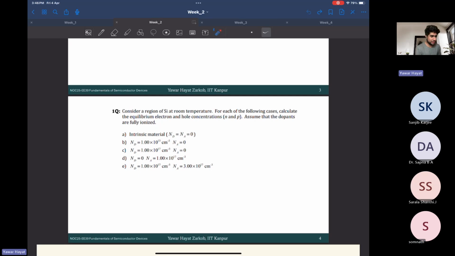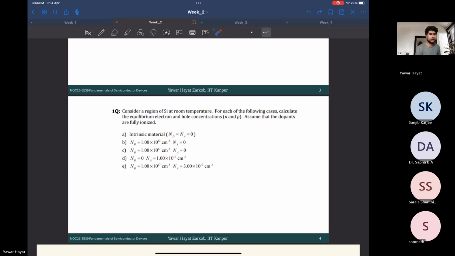Now, for the first one, when we have an intrinsic material, both ND and NA are equal to 0. In that case, np would be ni square. But what would be n and what would be p?